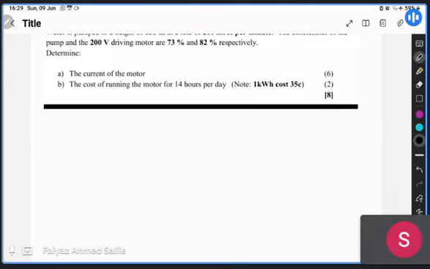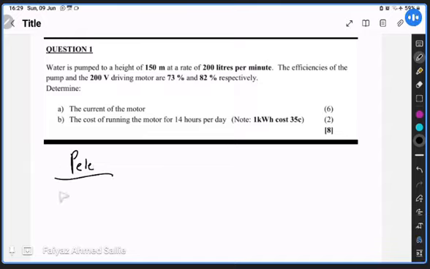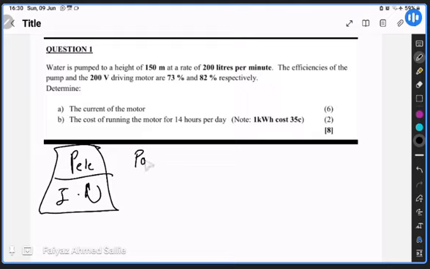So in fluid dynamics, let's talk about electrical power. Electrical power is equal to IV, that is your electrical power triangle, and fluid power from fluid dynamics is equal to rho g h Q. Rho times Q is the mass flow rate.